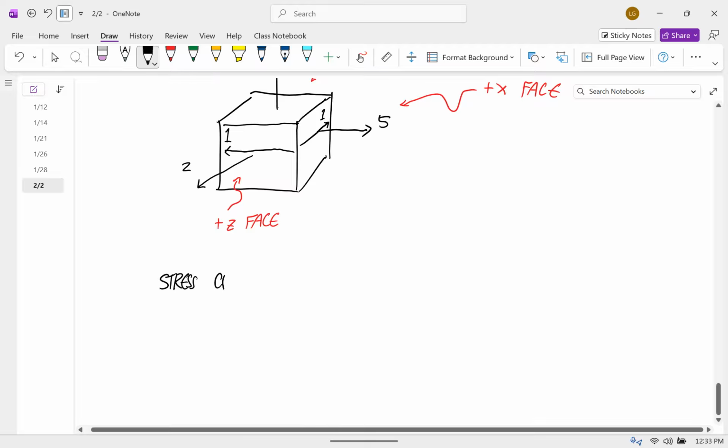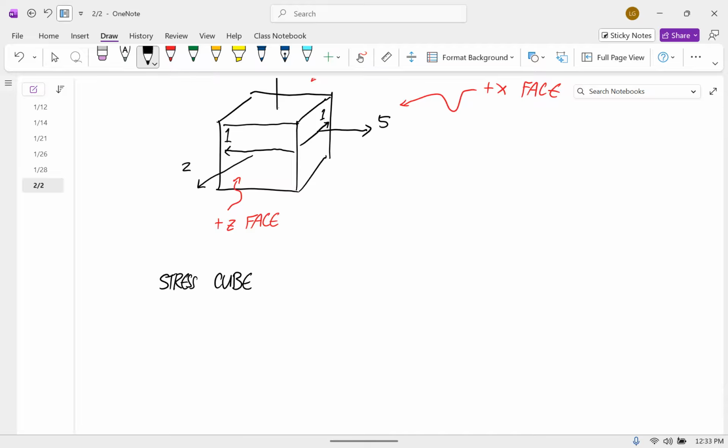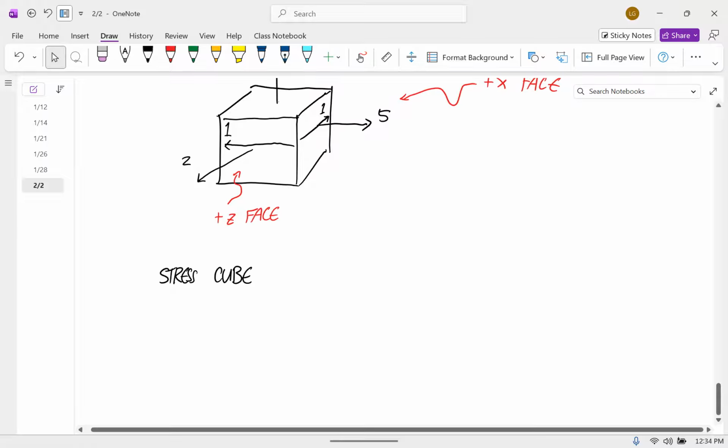Normally these aren't rotated at 90-degree angles, but in this case, it's just a 90-degree rotation. So the cubes look exactly the same. And since the cubes look exactly the same, we expect to have the same tractions on all of those faces. It's just what face we're talking about that changed. You know what I mean?